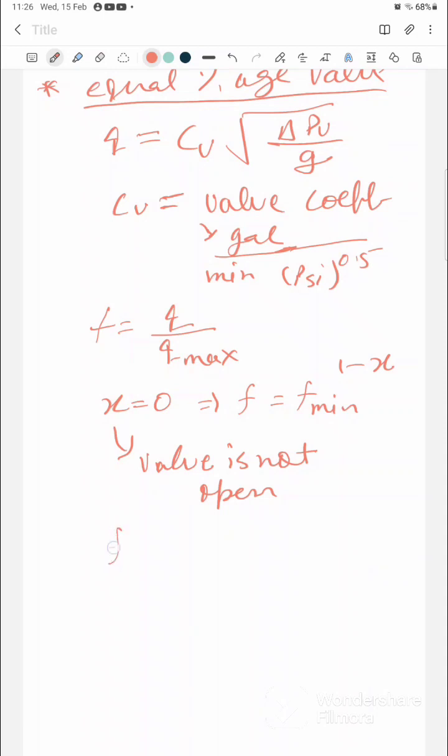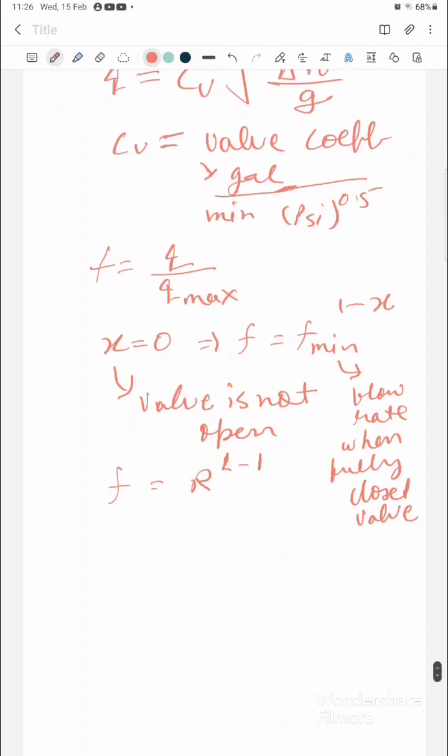Or sometimes people write like F is R to the power L minus 1. F minimum is the flow when the valve is fully closed. Flow rate when valve is fully closed.